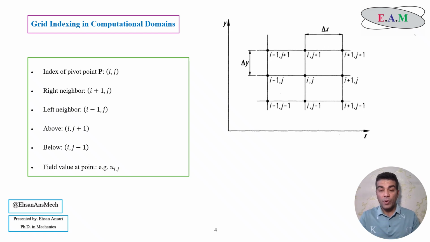From a programming standpoint, these indices must be mapped to memory or array positions efficiently. A robust indexing algorithm not only speeds up the access of i, j, but also simplifies the assembly of the discrete governing equation and the enforcement of boundary conditions.